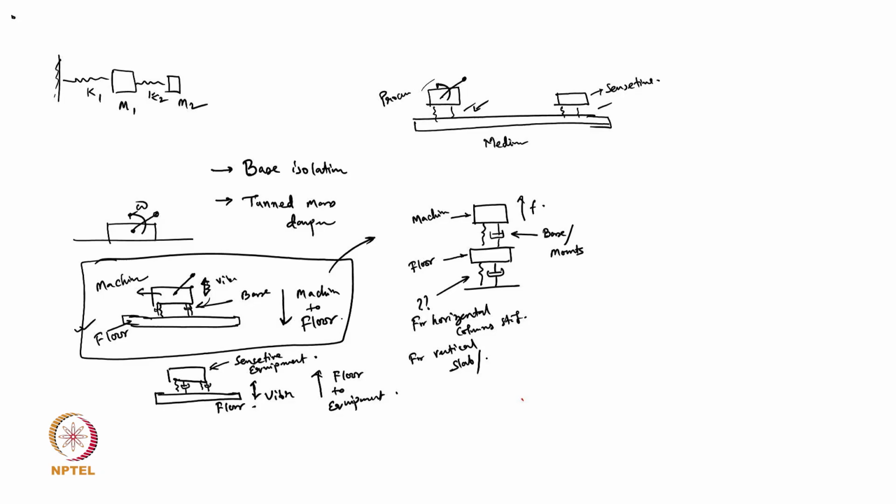This will be slab or our beams. So that will be the stiffness coming from these two. Agreed, all of you. And that is only required once you want to measure how much force is coming on the floor.